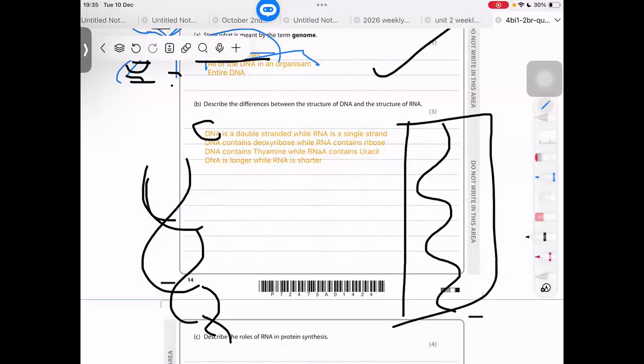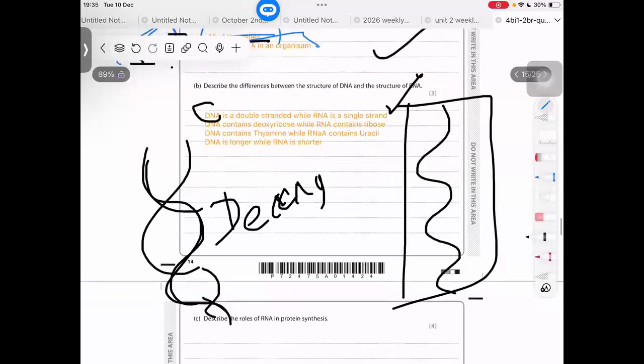So DNA is a double helical structure with 2 strands, while RNA is just a single strand. That is the major difference. DNA stands for deoxyribonucleic acid, and RNA stands for ribonucleic acid.